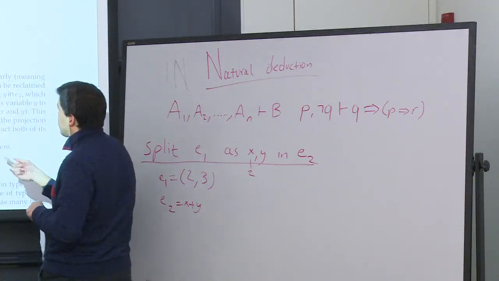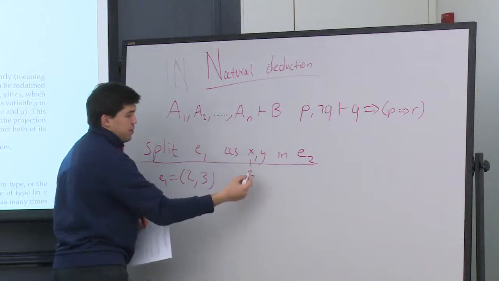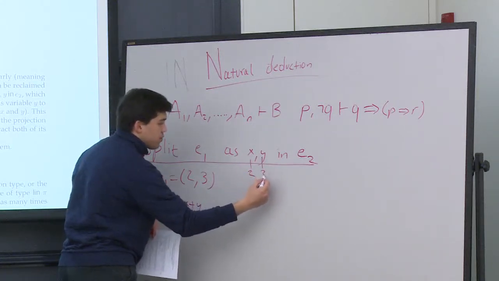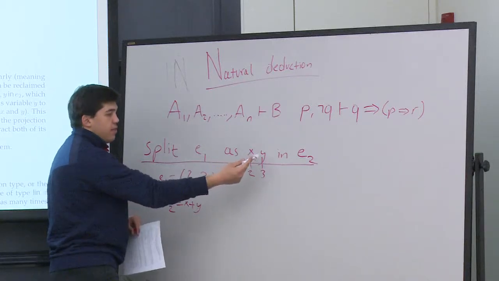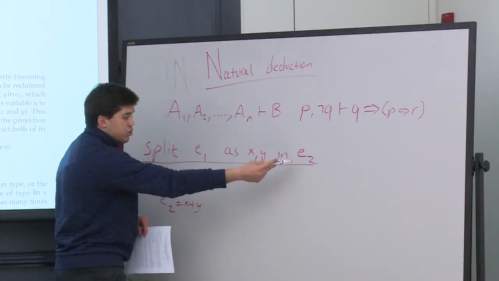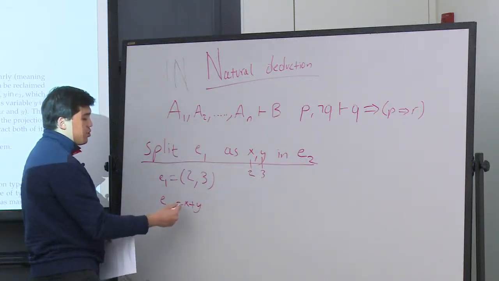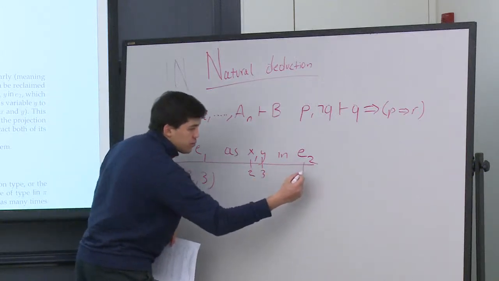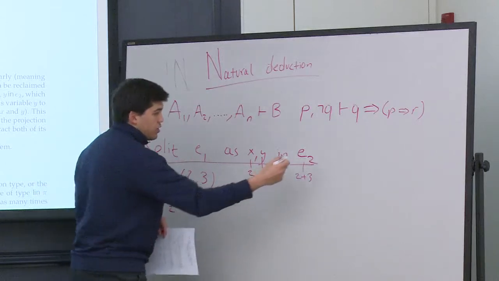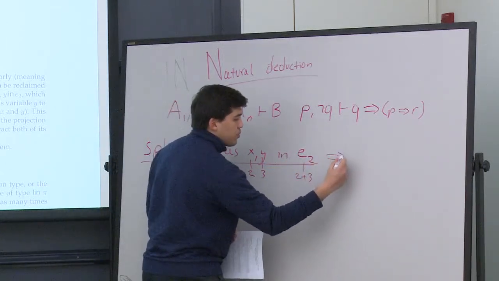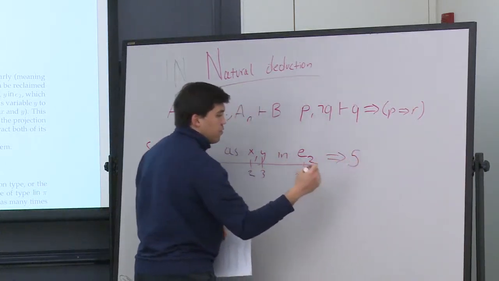So not 3, not 4, not 1, 2. So x becomes 2, and y becomes 3 in E2. So now we can apply x and y that exist in our expression E2 to get the result. And E2 is equal to x plus y. So this would be equal to 2 plus 3, and this long steps to 5.